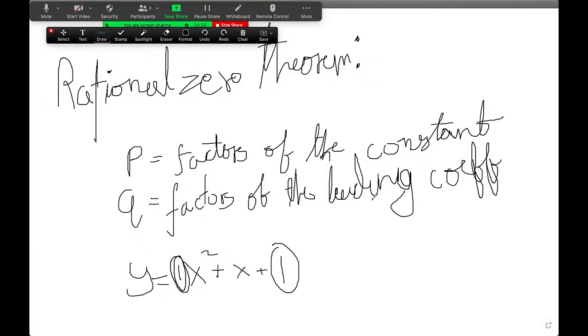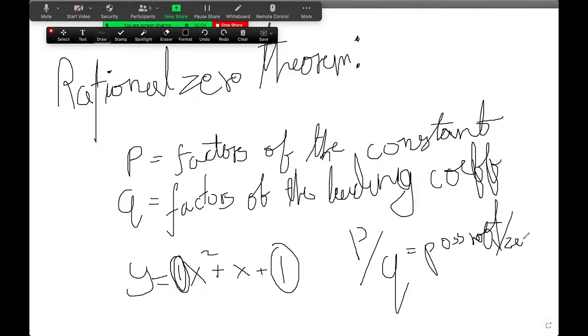Okay, there we go. So factors of the leading coefficient, and so if you do P divided by Q, then you get a possible root or zero for the equation.